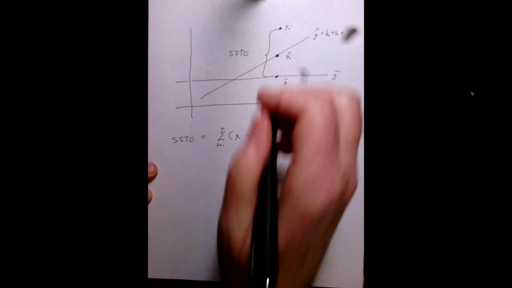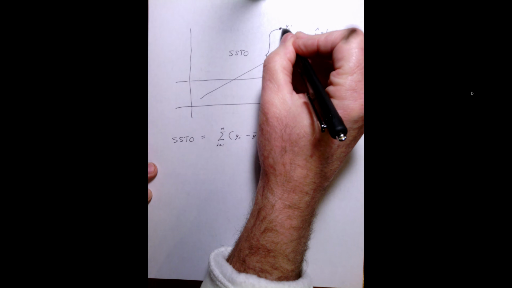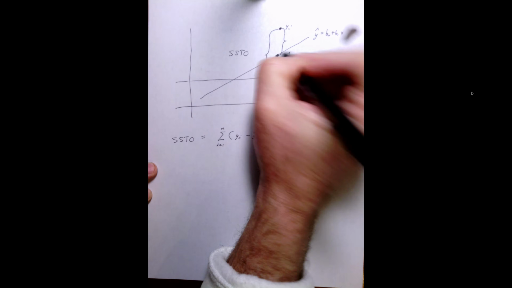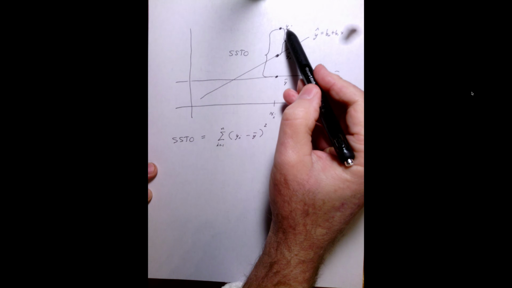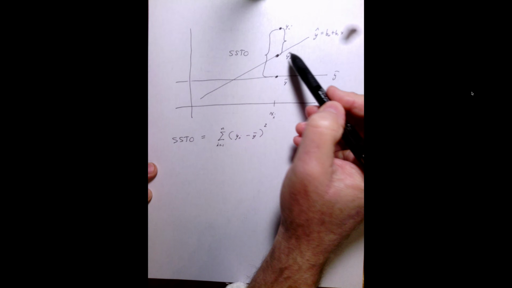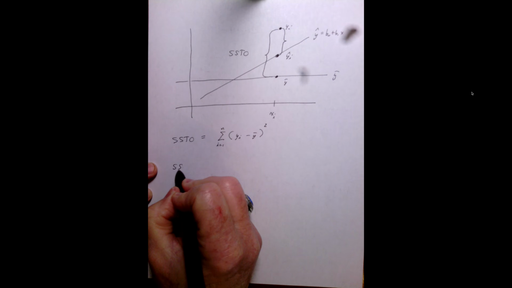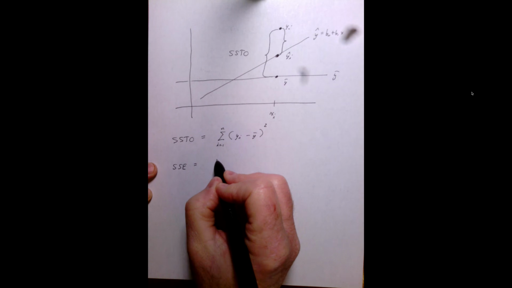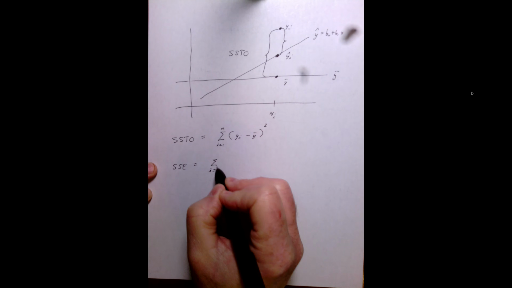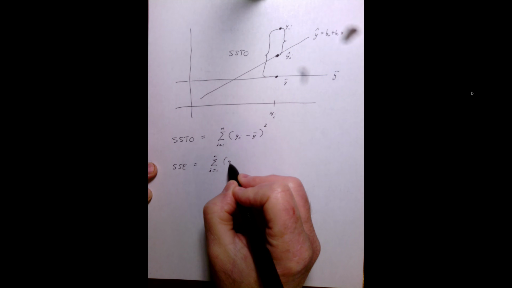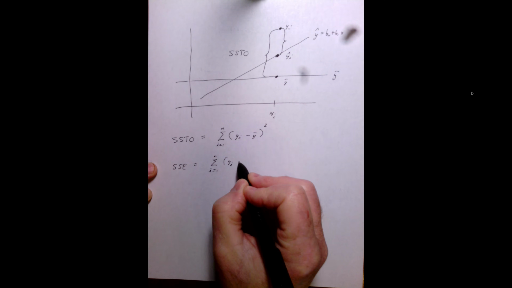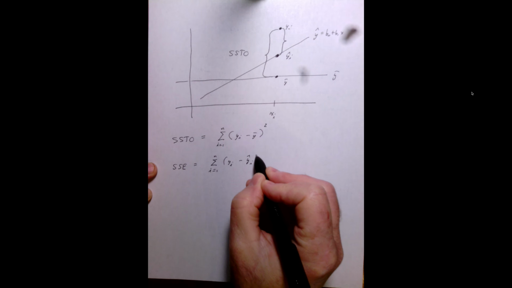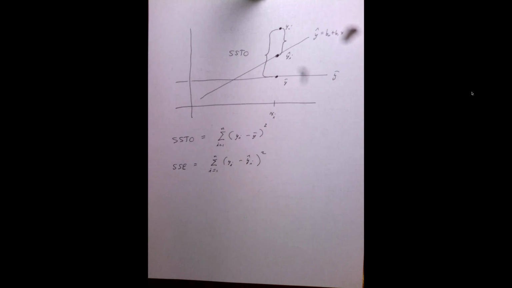All right. Next thing I want to look at is this piece right here. This piece right here is the observed minus the predicted. Well, we should know by now that that's the sum of squares error because I covered that in a previous video. We should have that one tattooed to the brain.